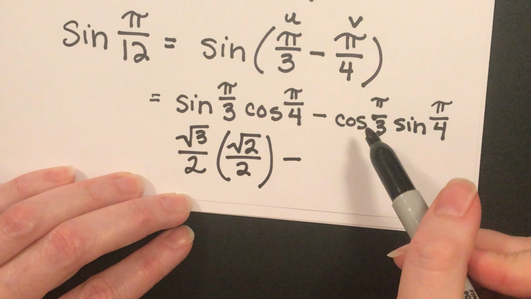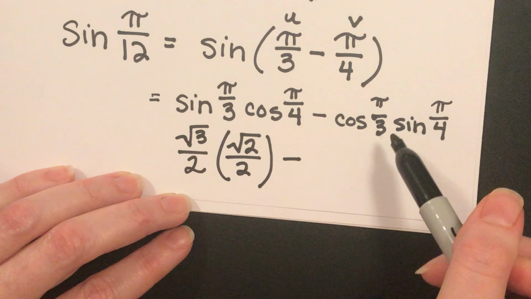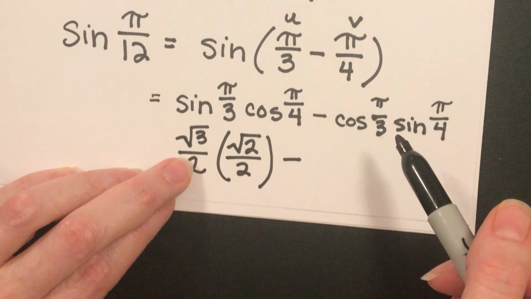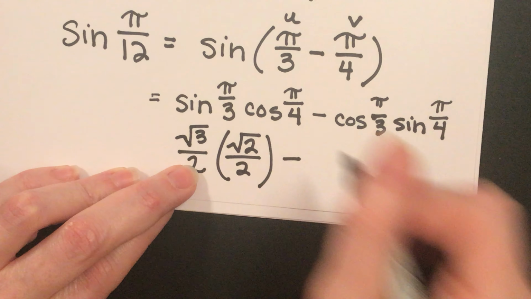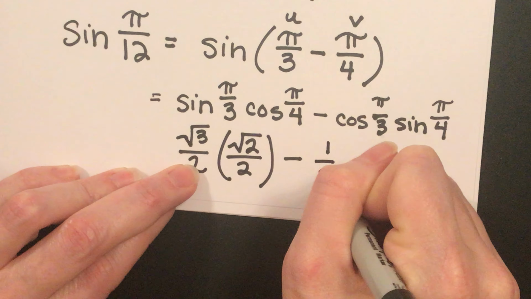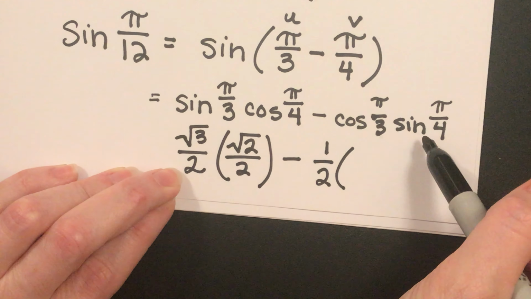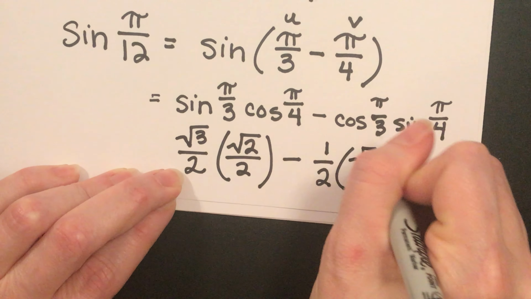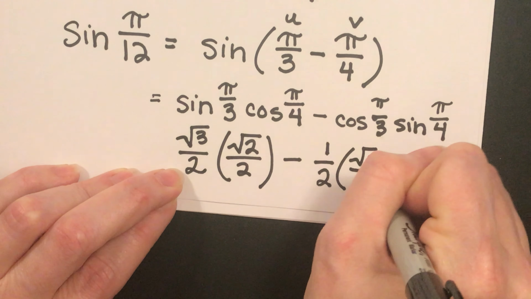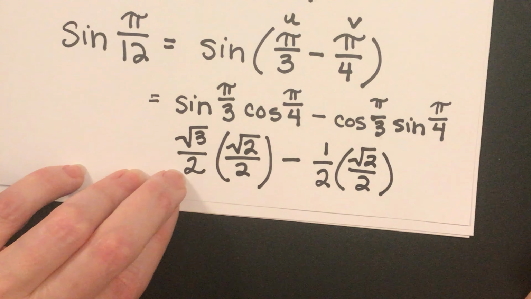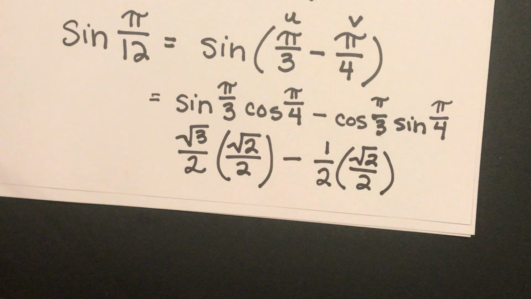Minus the cosine of pi over 3. Well, if the sine was this one, then the cosine has to be the other one, 1/2, right? Times the sine of pi over 4. Now we always multiply before we subtract.